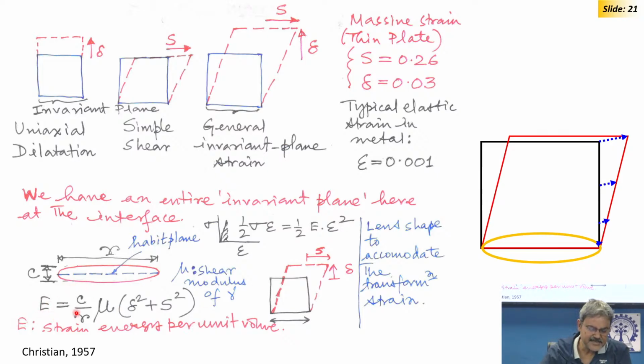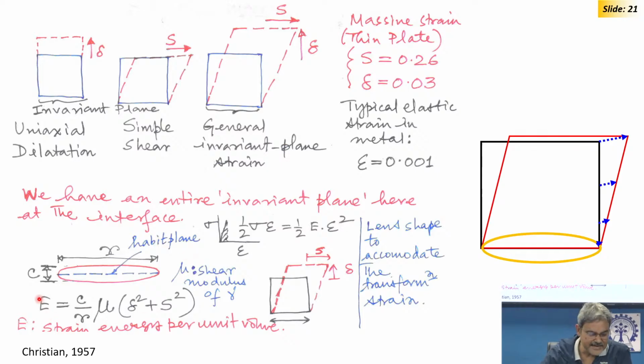The elastic strain energy per unit volume is represented by this equation, where delta and S are the dilational strain and shear strain respectively. Mu is the shear modulus, and C by R is the aspect ratio of the martensite plate. C is the minor axis, R is the major axis direction.